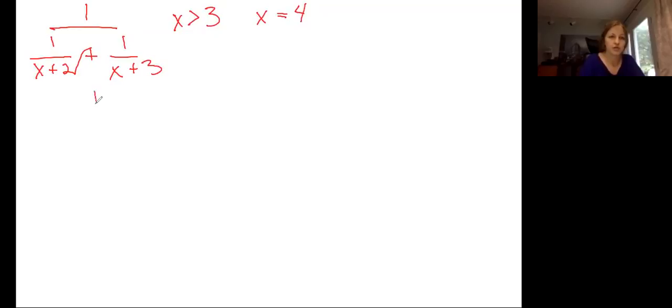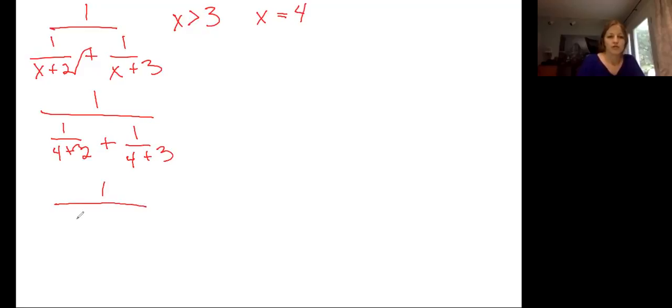So we get 1 over 4 plus 2 plus 1 over 4 plus 3. Okay, so simplifying what we have, 1 over 1/6 plus 1/7.